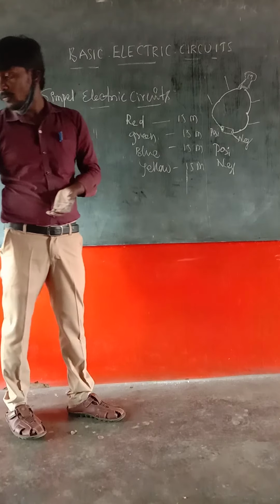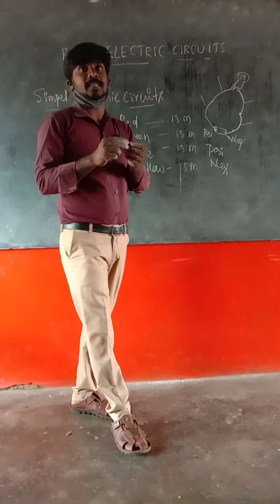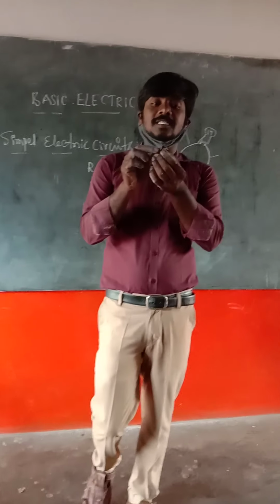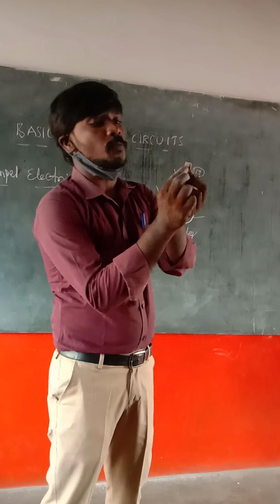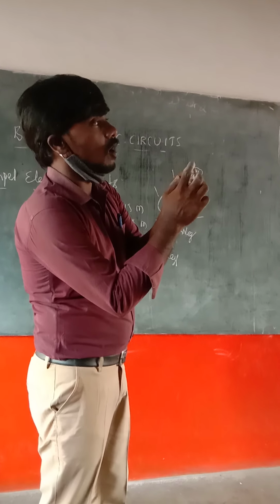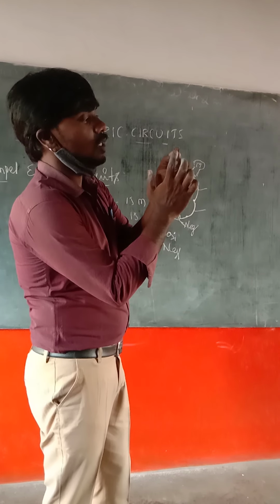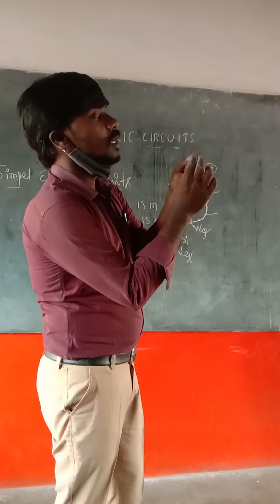And one more thing. You can observe the switch in the circuit, which I already told you about. The switch is a small structure. Suppose the switch is presently off and it is on. When pressed down it is on, and when up it is off.